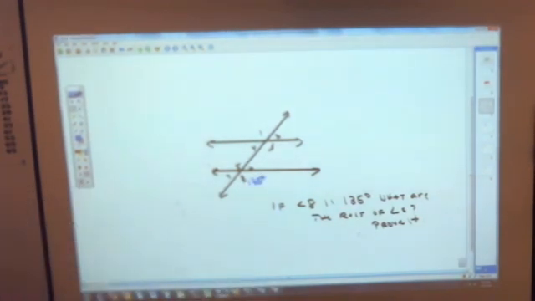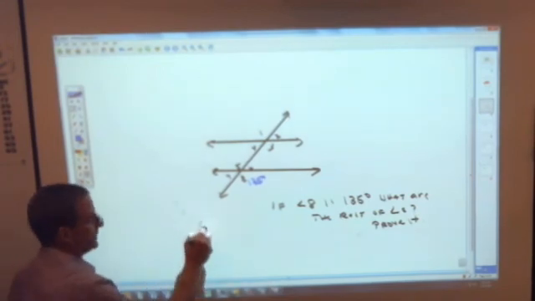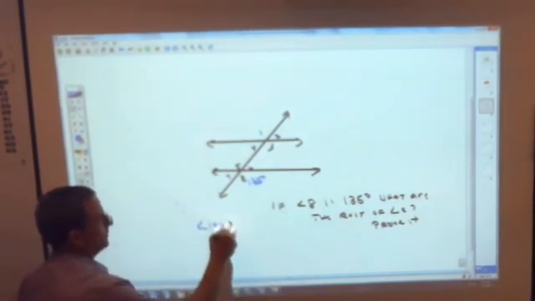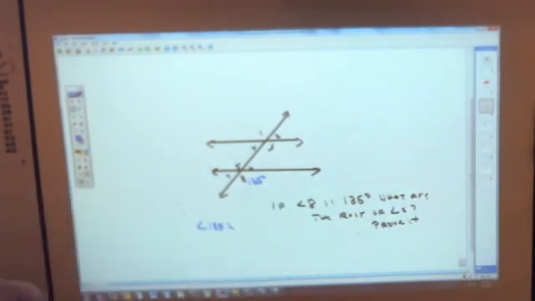Because I know angle 8 is 135 degrees, what else do I know? What can I figure out and for what reason, Ephraim? That angle 1 is the same. Okay. Ephraim says that angle 1 is 135 degrees, but you can't just tell me why. For what reason? Because it is an alternate. There you go. And you have to say that.